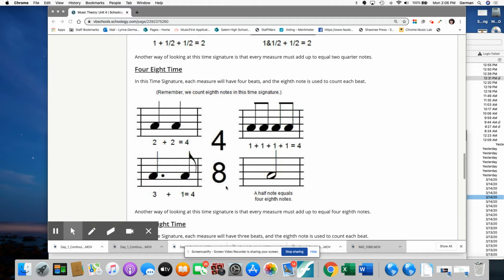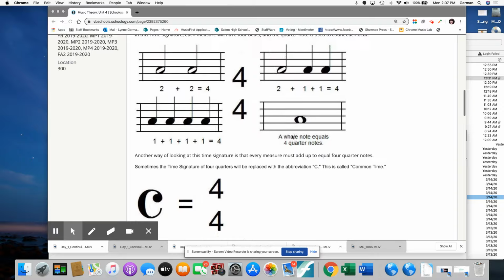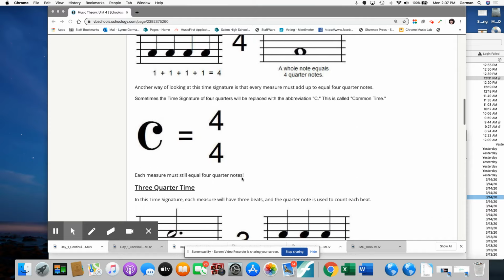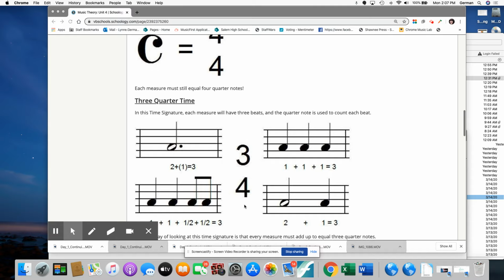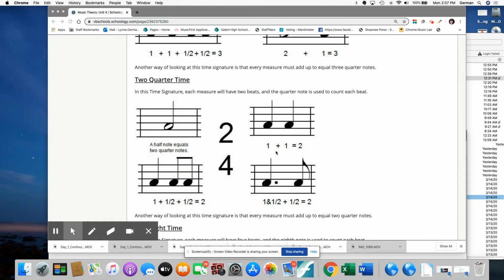In 4/8 time, this is unusual for us, the eighth note is actually getting the beat. So, simplified, there are 4 eighth notes in these measures. Let's take a look back this way and see if that isn't true with all of these. 4 quarter notes in 4/4 time fill the measure. 3 quarter notes in 3/4 time fill the measure. 2 quarter notes in 2/4 time.